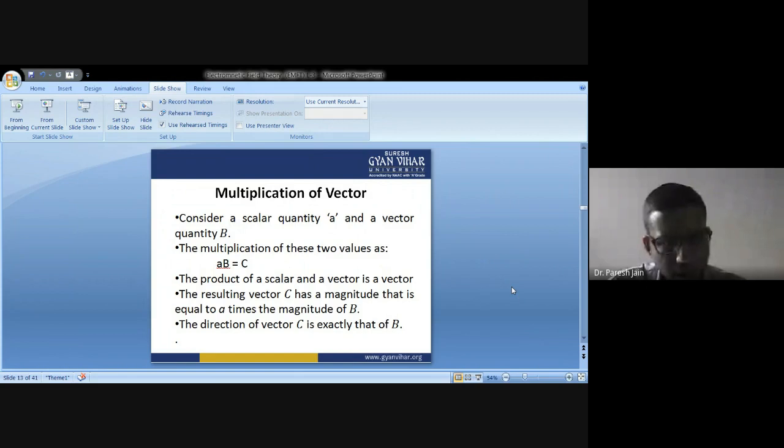The resulting vector C has a magnitude equal to A times the magnitude of B, where small a is the scalar quantity.